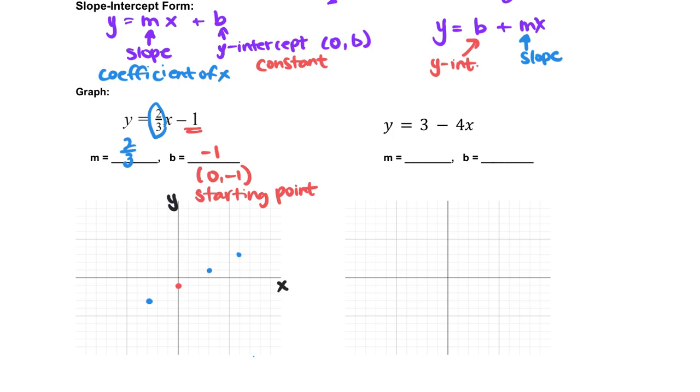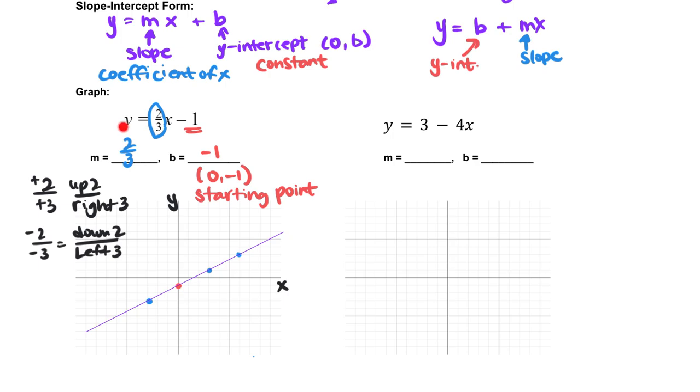So let's just note that right here. A positive 2 over a positive 3 means that I'm going up 2 and right 3, but that is the same thing if I have negative 2 over negative 3, going down 2 and left 3. And that's going to fall on that same line. So we want to take a straight edge now and plot that line.